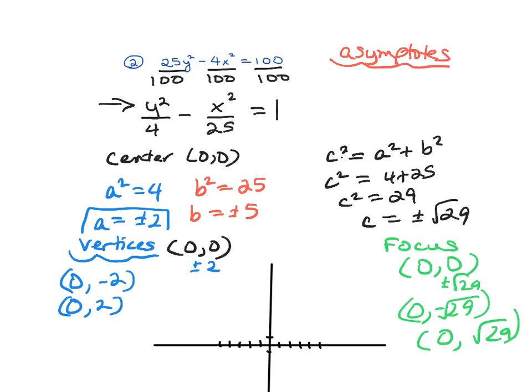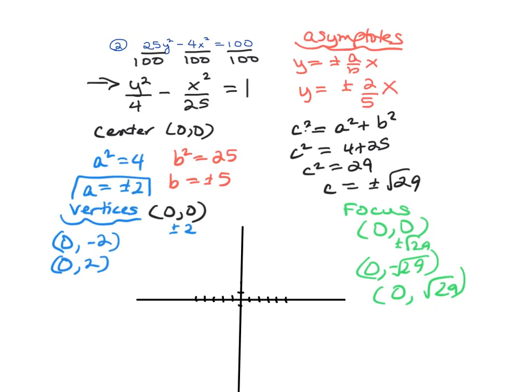For my asymptotes, when the y squared is first, we're going to be using this equation, plus and minus a over b x. So y equals plus and minus, my a value is 2, my b value is 5. So notice the number here in front of x, it's already in rise over run form.